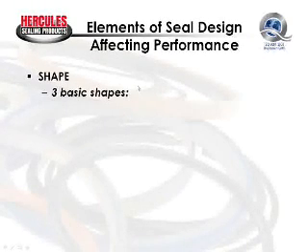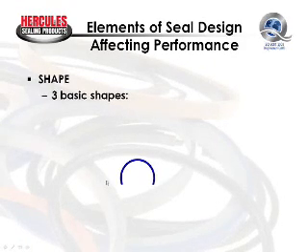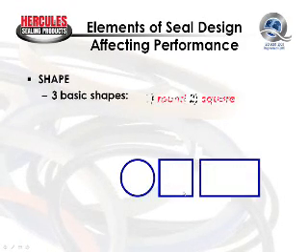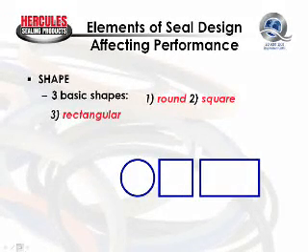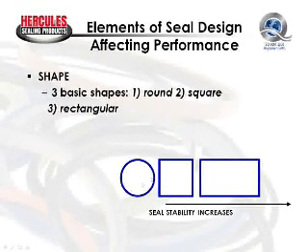In discussing seal shape, you must remember that there's 3 basic shapes that seals can take: round, square, and rectangular. As we move from round to square to rectangular, the stability of the seal in the seal groove improves. It's more stable.